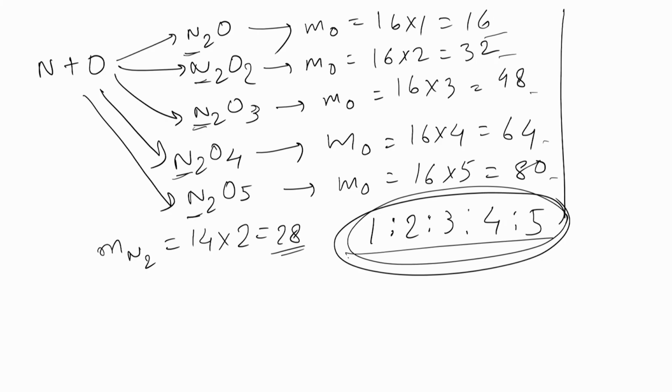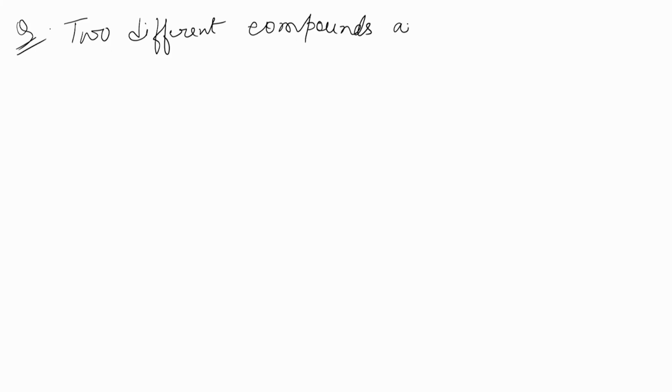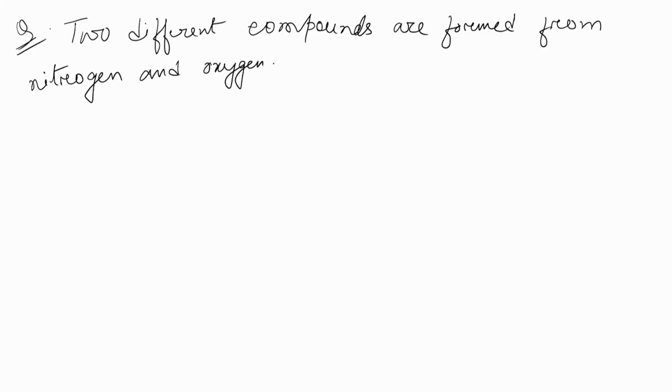Now, let's discuss some examples based on it. The first example: two different compounds are formed from nitrogen and oxygen.